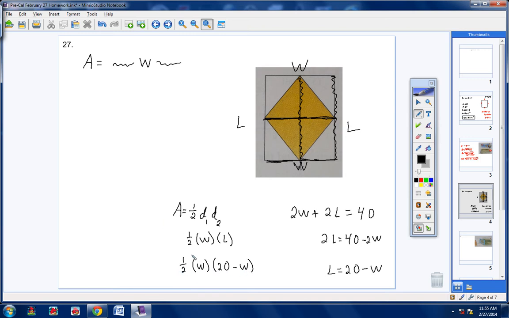In fact, to simplify this, I would say 1/2 times W is 1/2 W, times 20 minus W. Now times this, and you would end up with A equals 1/2 W times 20 is 10W, 1/2 W times negative W is negative 1/2 W squared.